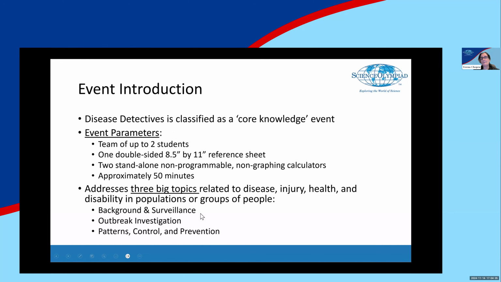Now, let's talk about the big topics that this event will cover. There will be questions related to disease, injury, and health. There will be questions around background surveillance: what is an outbreak, and your knowledge of various public health definitions like pandemic, epidemic, and endemic.